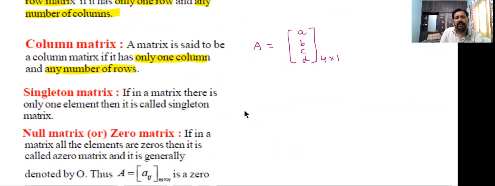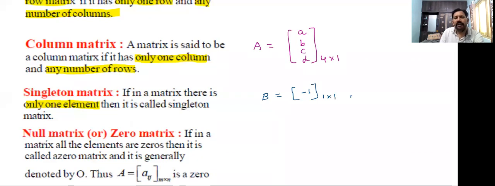Singleton matrix. If in a matrix there is only one element, then it's called a singleton matrix. For example, B equals -1. This is a singleton matrix. What is the order of the matrix? One row, one column.